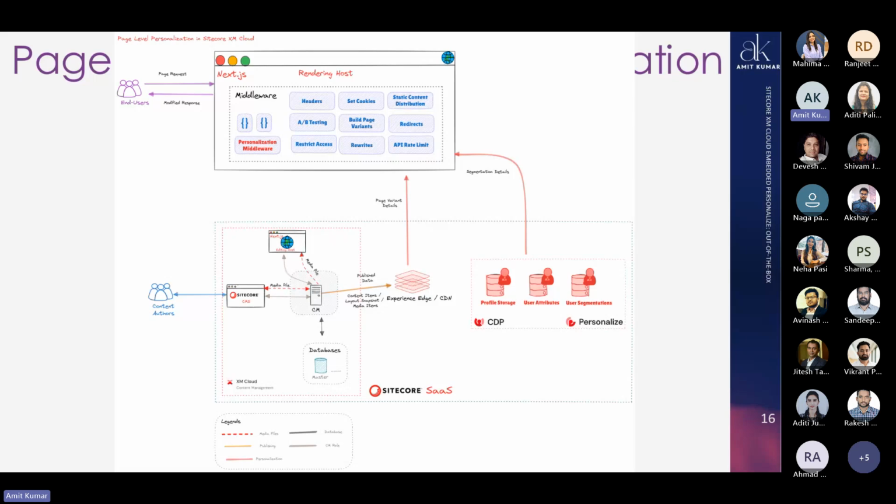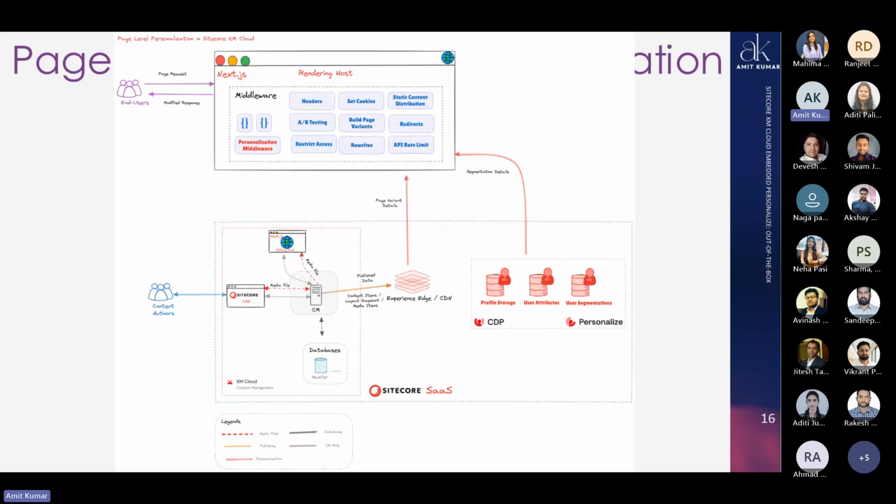Suppose you have two or three page variants, it will take all of them. Then it will make a call to the CDP and Personalize, like a subset, based on the cookies and context set by your browser. Those details will be passed on, and then the CDP will return the segmentation.